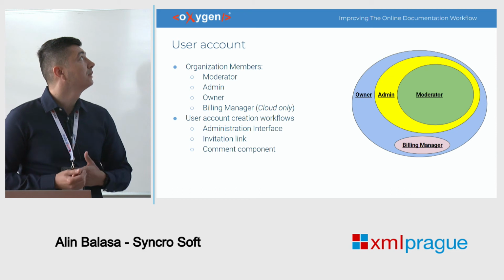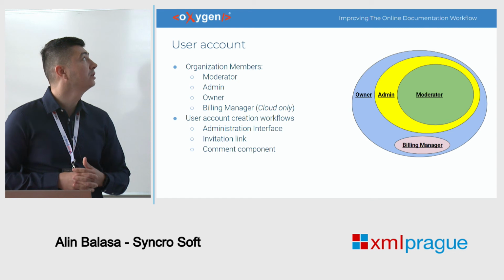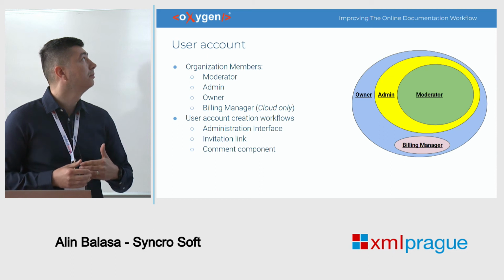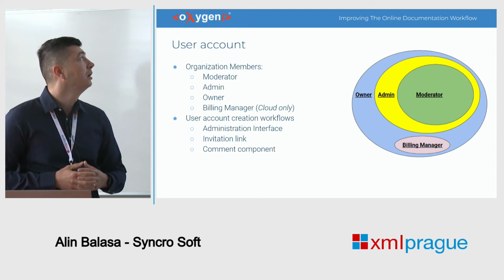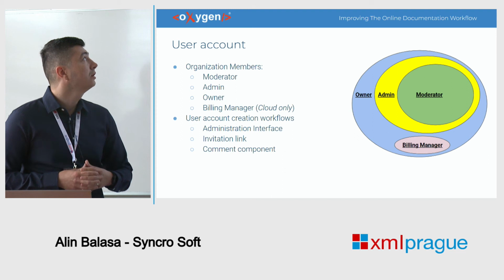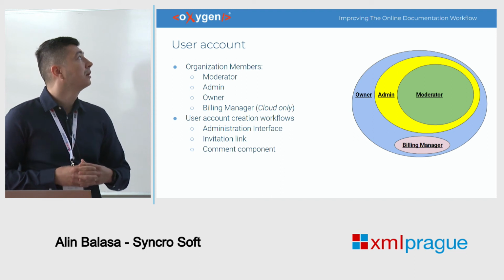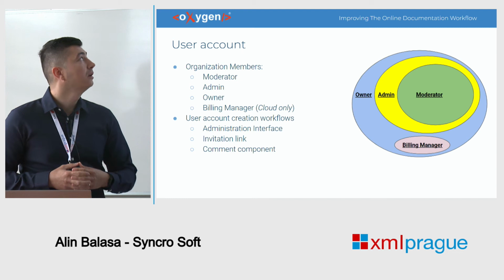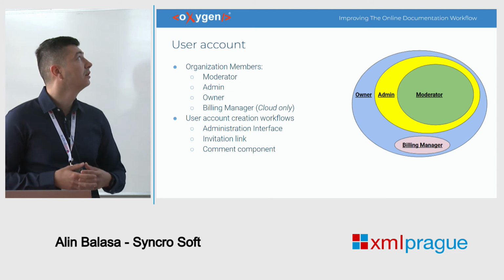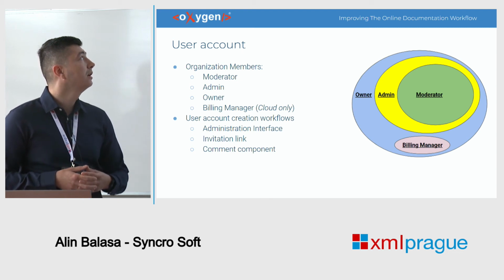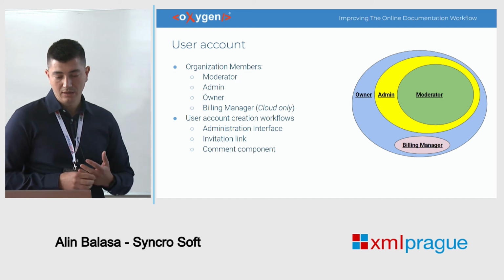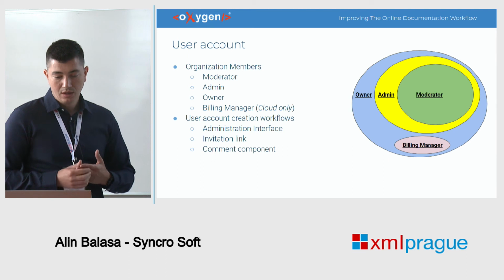In addition to this, an admin can create site configurations and can delete or manage them. The organization owner can create an organization, can configure the organization profile, and can delete the entire organization.